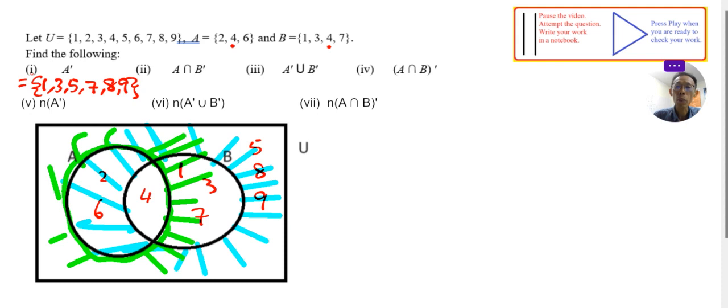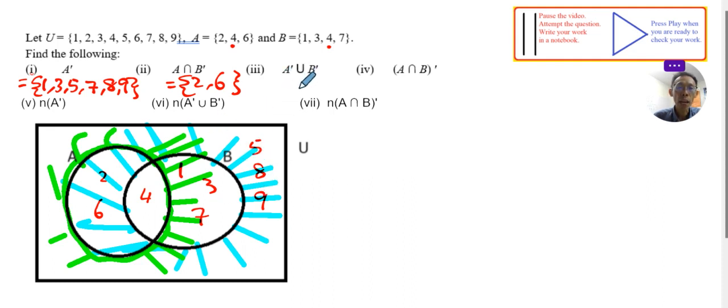So right now, I'm going to put in my answer, 2 and 6. As I can see, here is 2 and 6 only, that is everything outside of B and in A. 5, 8, 9 are not in A.